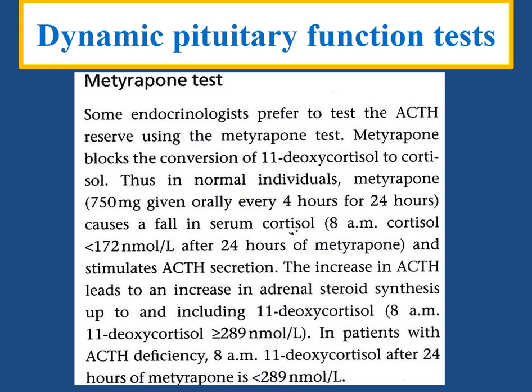Thus, in normal individuals, metyrapone 750 milligrams given orally every 4 hours for 24 hours causes a fall in serum cortisol. 8 a.m. cortisol should be less than 172 nanomoles per liter after 24 hours of metyrapone.